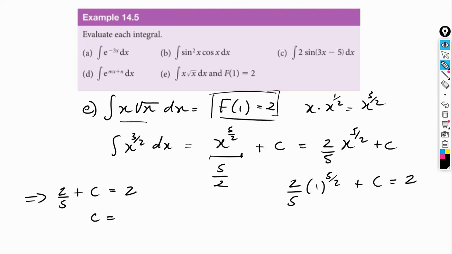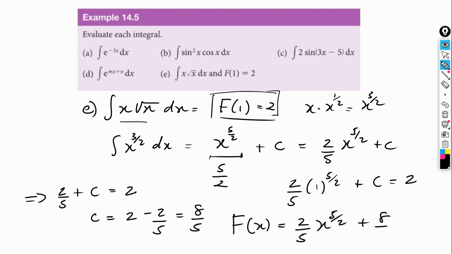So c would equal 2 minus 2/5, and this is going to equal 10/5 minus 2/5, so 8/5. C is equal to 8/5. So that means that in the end, with this information, the antiderivative is going to be rewritten as 2/5 x to the 5/2 plus 8/5.